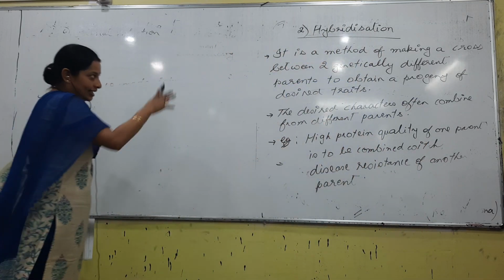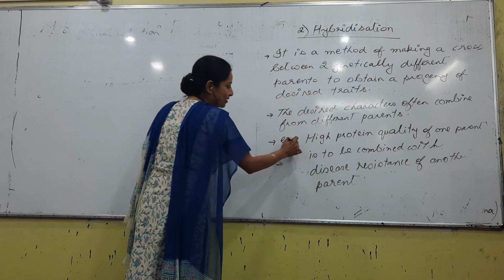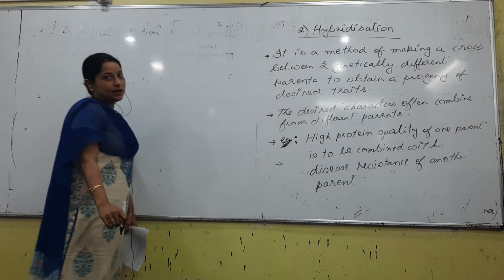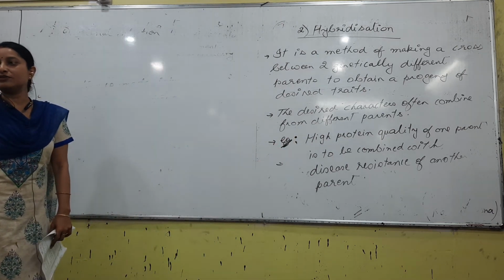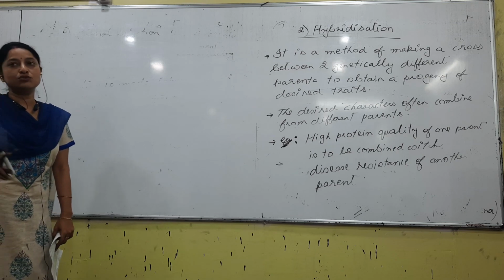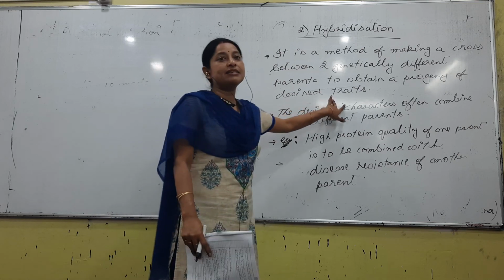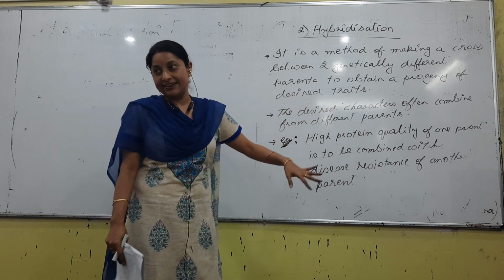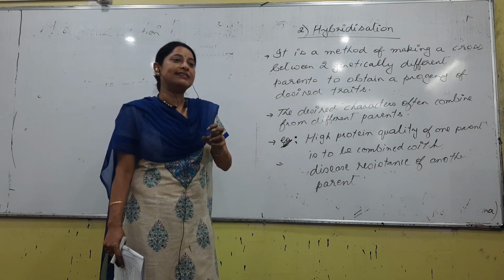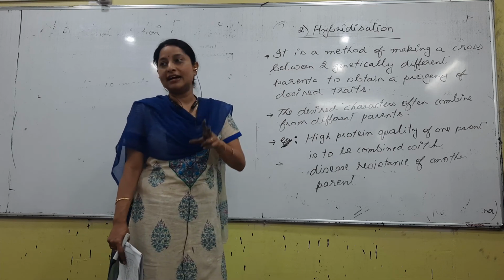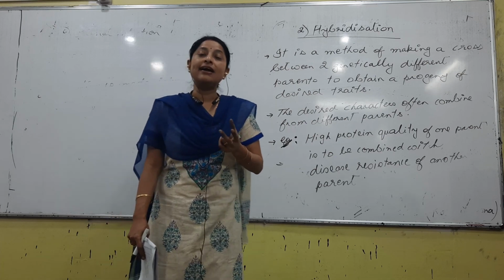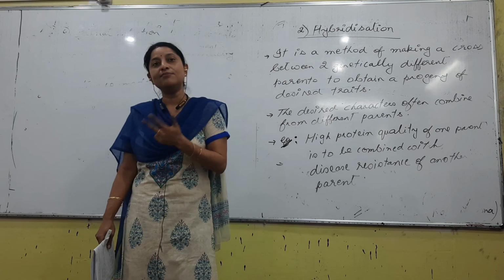এতিয়া hybridization point. Whether you have understood or not, what is hybridization? Making a cross between two genetically different parents, right? Cross between two different parents, to get a desired character, that desired plant that we have made by making a cross. The plant will have characteristics of both parents.